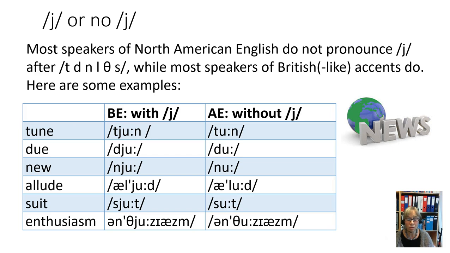Speakers of American English would say tune. Same thing with due, do, new, new, elude, allude, suit, suit, enthusiasm, enthusiasm. It's entirely up to you, of course. Either way is fine. But just note that these are pretty characteristic or pretty marked characteristics of British versus American pronunciation.